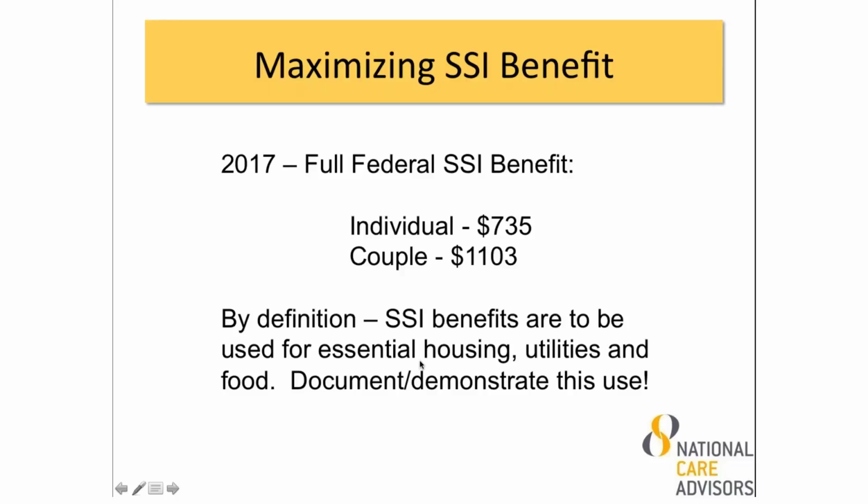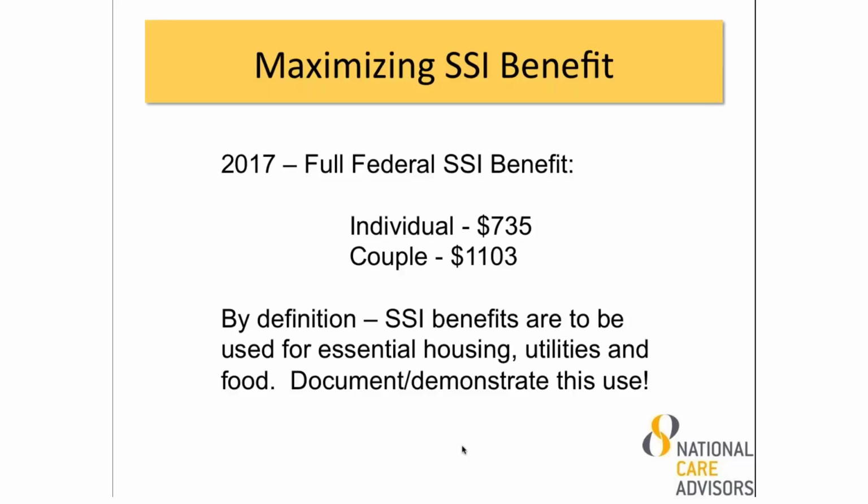As I mentioned earlier, by definition, supplemental security income benefits are to be used for essential housing, utilities, and food. You want to be able to document and demonstrate this use. As I mentioned, it's a full federal benefit of $738.